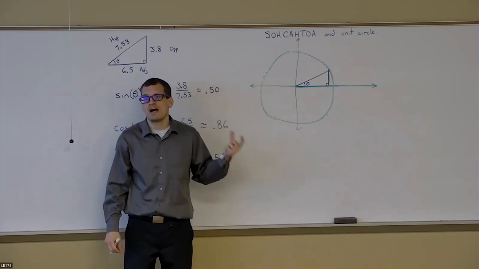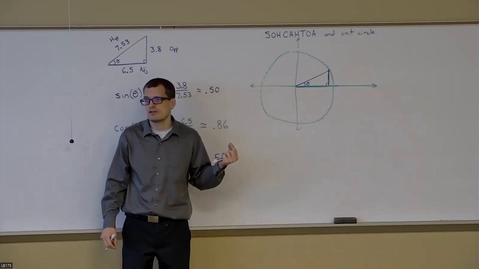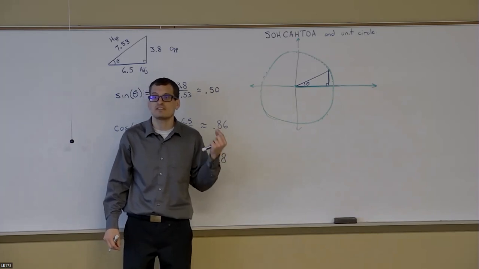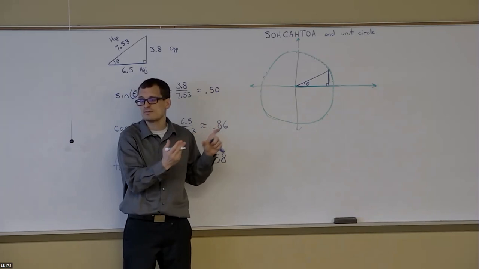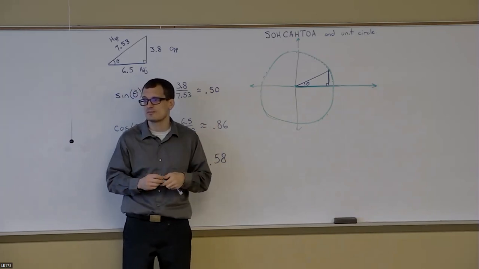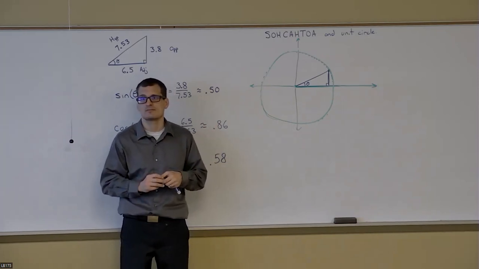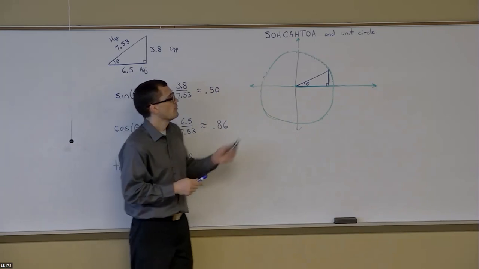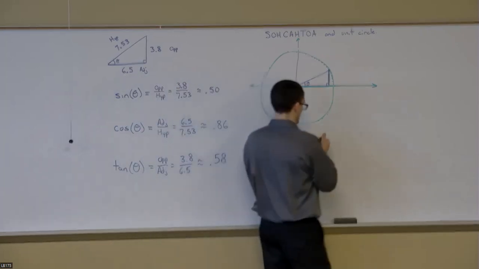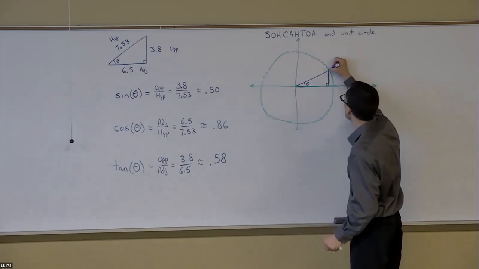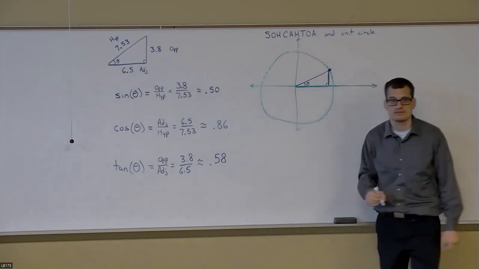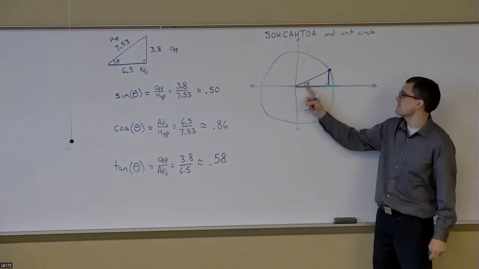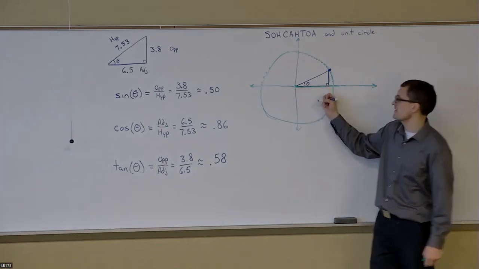Notice while this is not the unit circle, it could be scaled down to the unit circle. So it could all be shrunk if I wanted to. So what is this point here? It has some x value. Guess what the x value is?